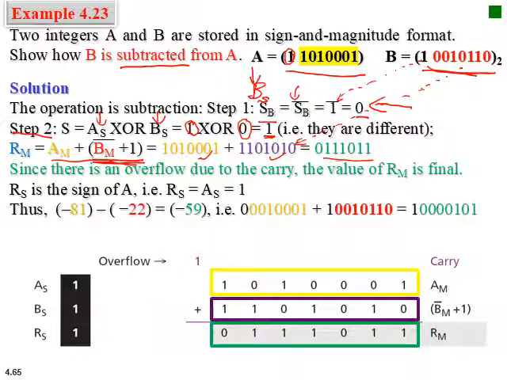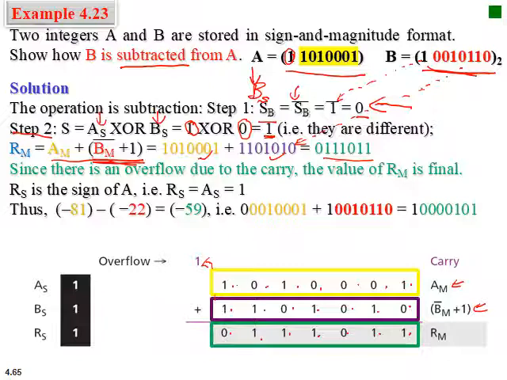So here you can see is A's magnitude and the 2's complement of B's magnitude already computed, and then we do the addition. So 1 plus 0 gives us 1, 0 plus 1 gives us 1, 0 plus 0 gives us 0, 1, 1, 1, 1 plus 1 gives us 0, and there is now this carry of 1, which is now going to fall off.